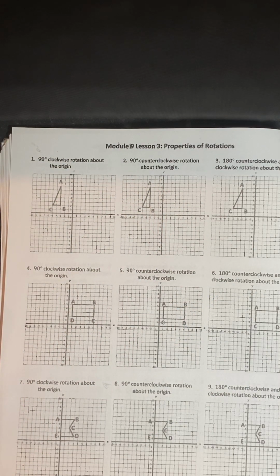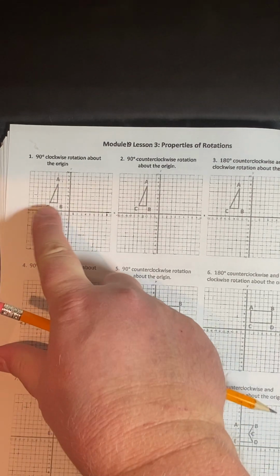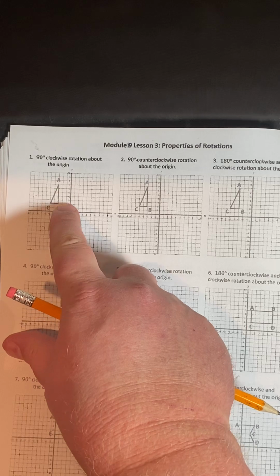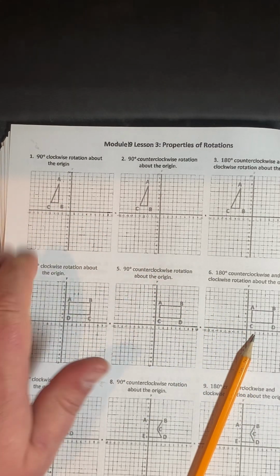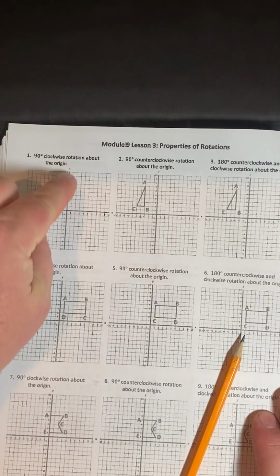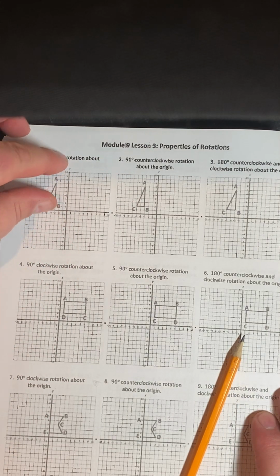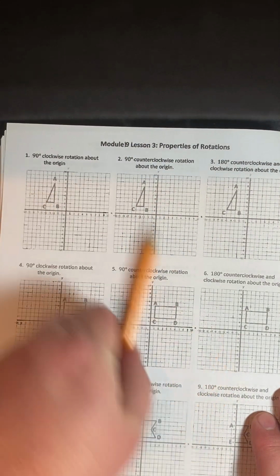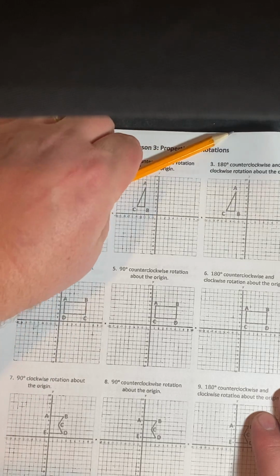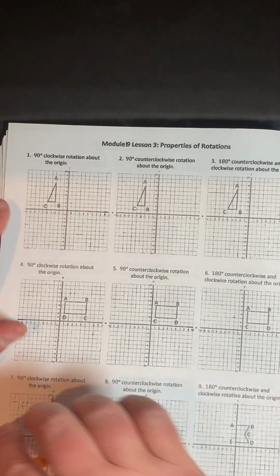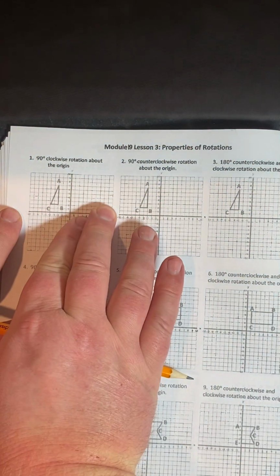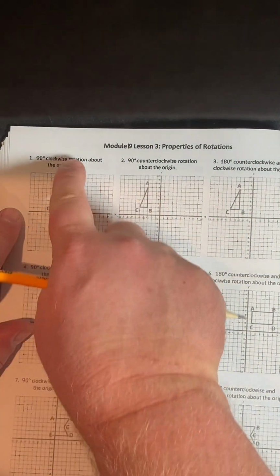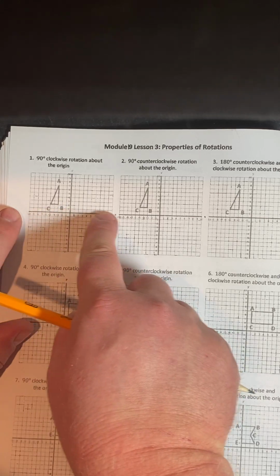On number one, it says 90 degrees clockwise rotation. Well, if you look at where your axis meets, you see 90-degree angles. All we're going to do is take this figure and take the entire section. Imagine this whole thing just turned over to here, which means this axis is going to lay down.